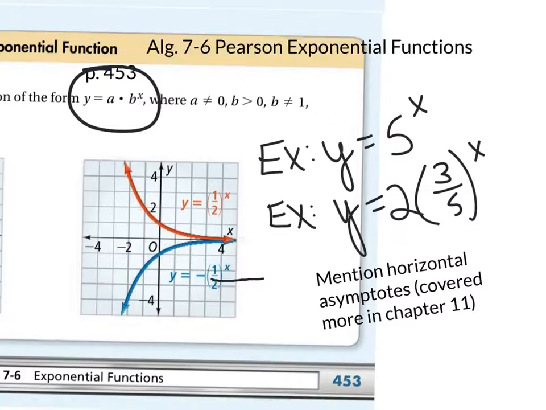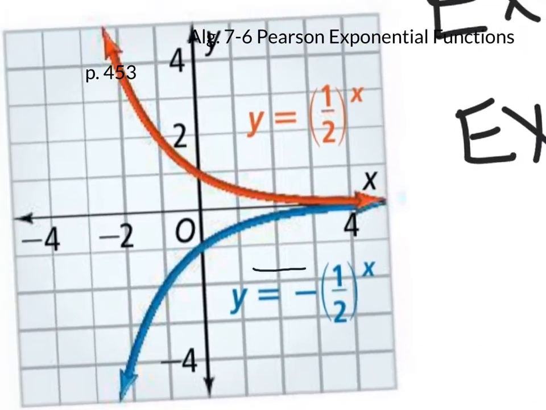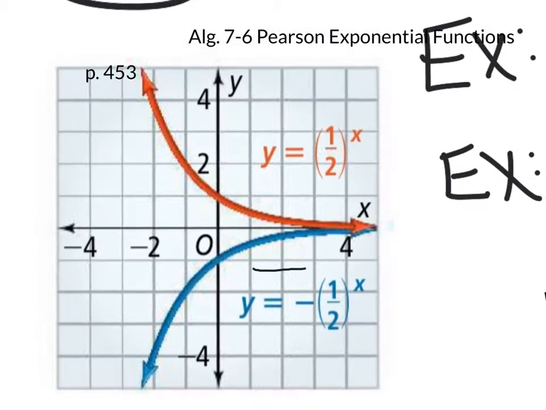If you look at this graph here, both of these graphs are getting very close to the x-axis, y equals 0. They're getting close to that line, but they're not going to cross it. The reason being is that we have 1/2 to some power of x.